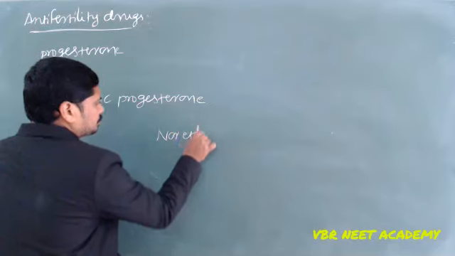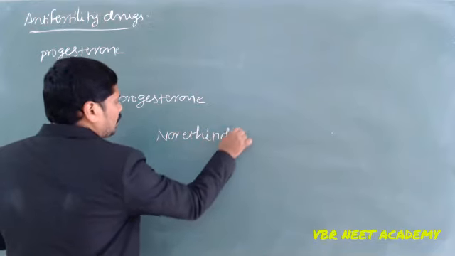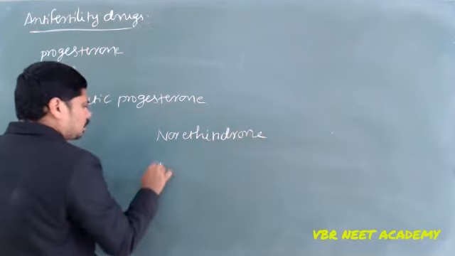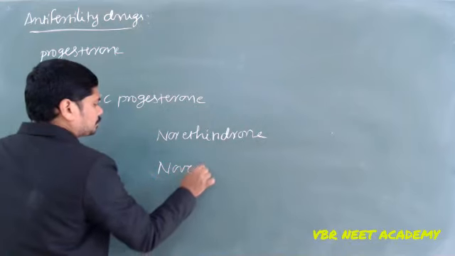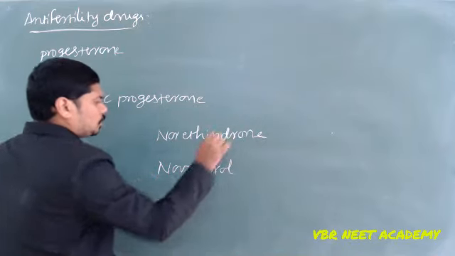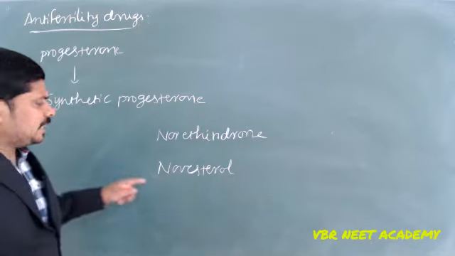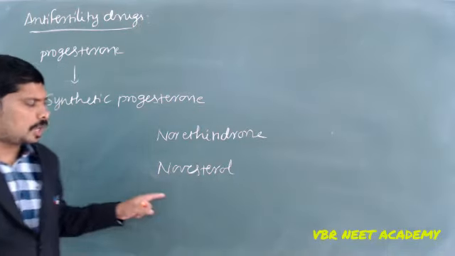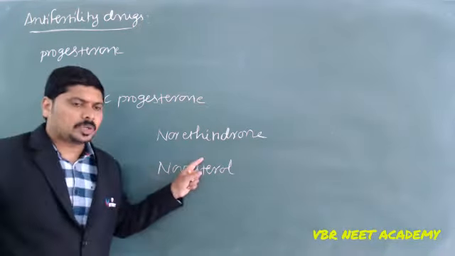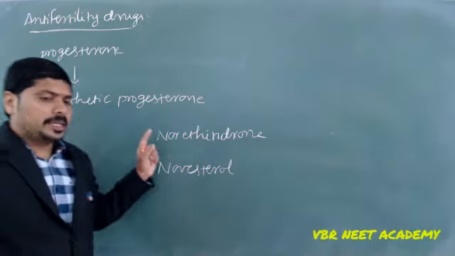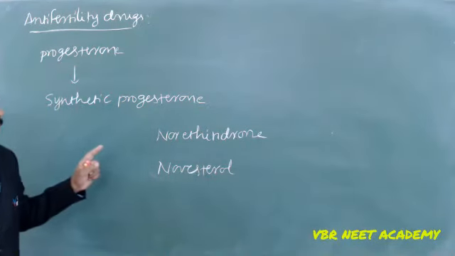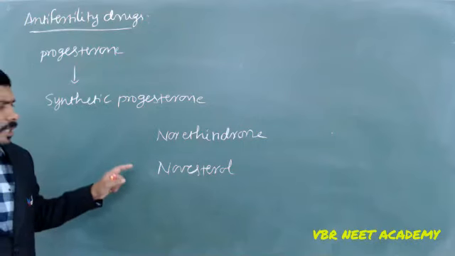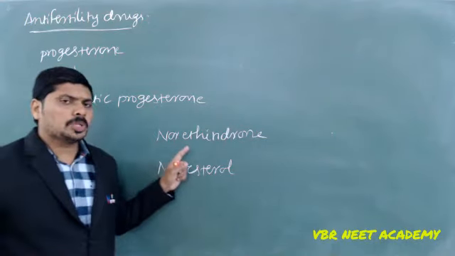norethindrone, novestrol. Ethinyl estradiol is called novestrol, and this is norethindrone. We can use them alone for the prevention of fertility, or we can use both together.